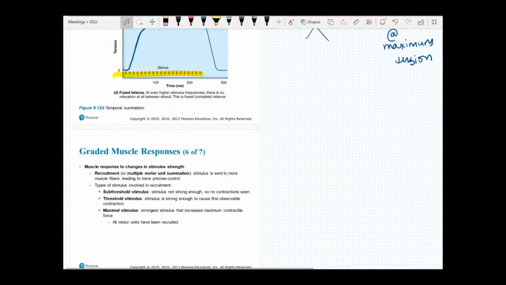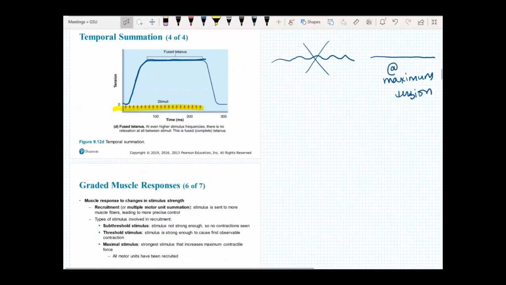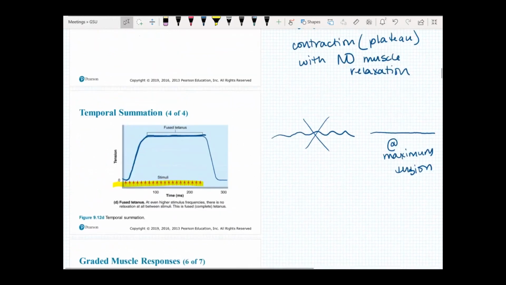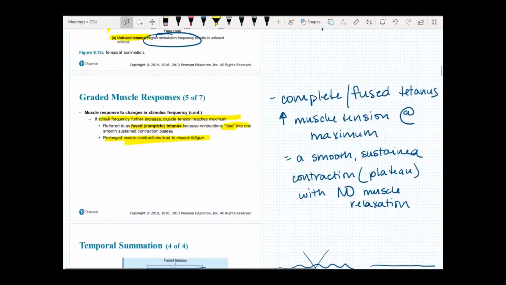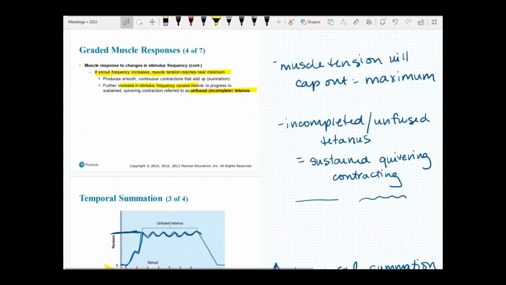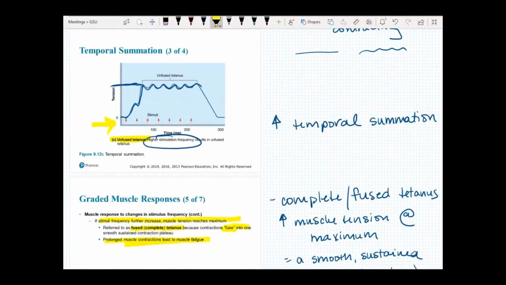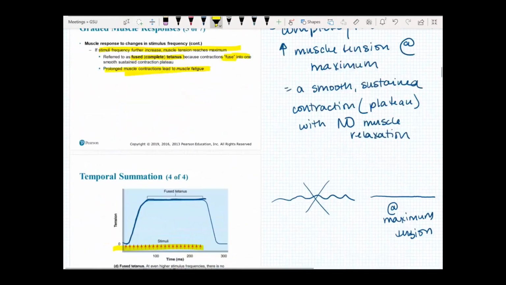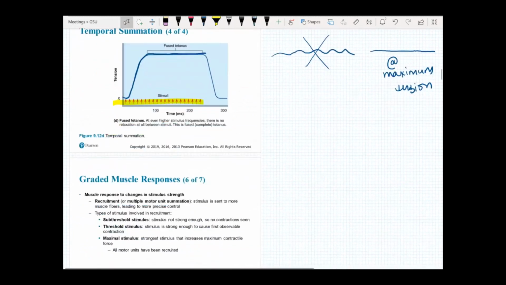So there's also another term that you'll need to know. When we're talking about these terms, they say incomplete and complete, but they're also called tetanus. So that's really cool how science is kind of named for the same thing that will happen physiologically in your body.